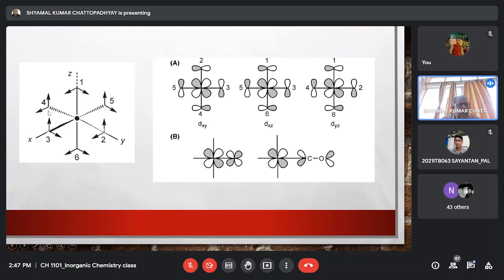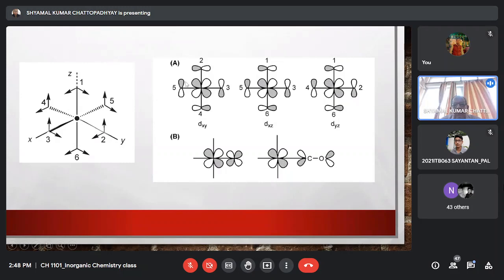In the xy plane, what are the ligands? 2, 3, 4, and 5. These are the ligands in the xy plane, and for each of the ligands 2, 3, 4, and 5, there are certain p-pi orbitals suitable for lateral overlap with this dxy orbital. So here we find a matching of lateral overlap.